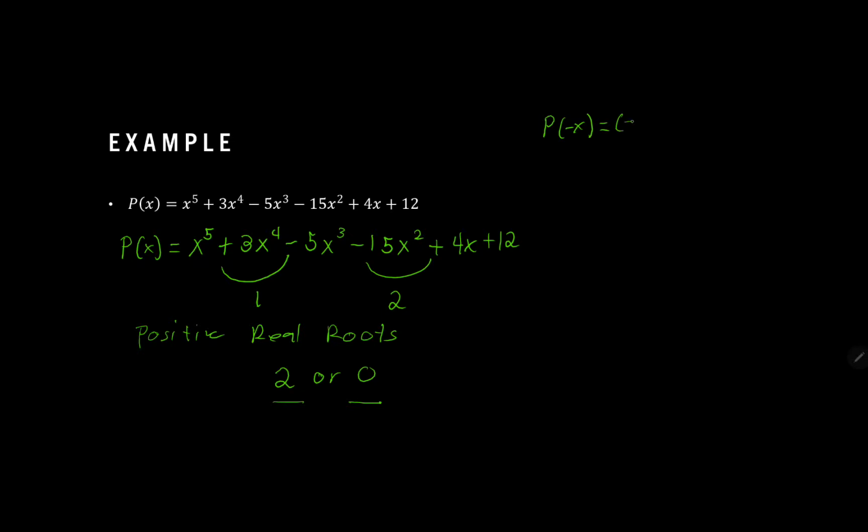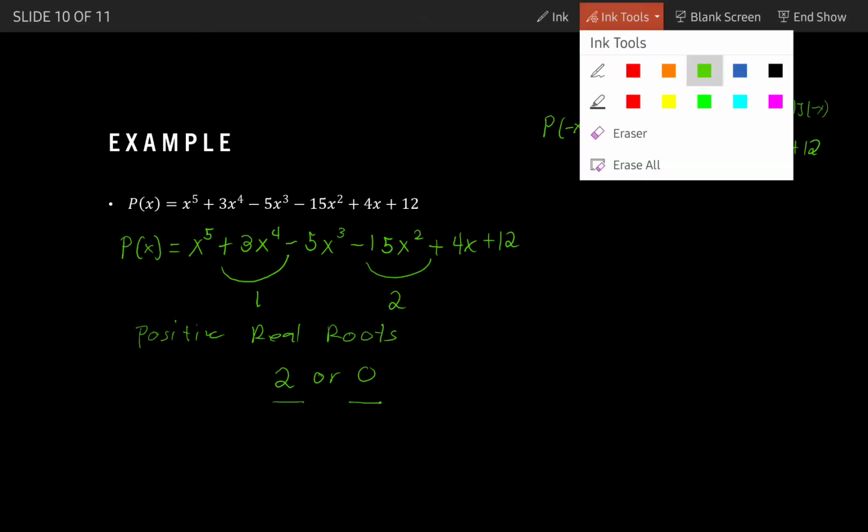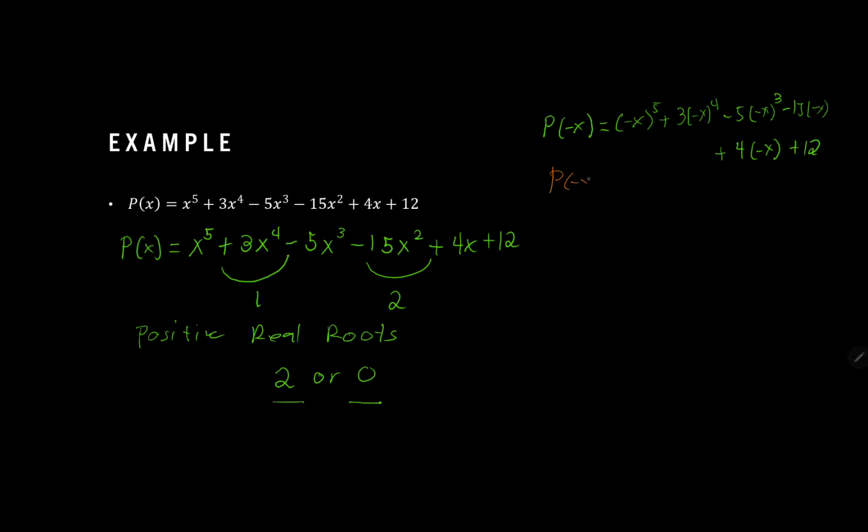So p of negative x will be negative x to the 5th plus 3x to the 4th plus 5x cubed minus 15x squared minus 4x plus 12. And then we count the variation of plus minus.